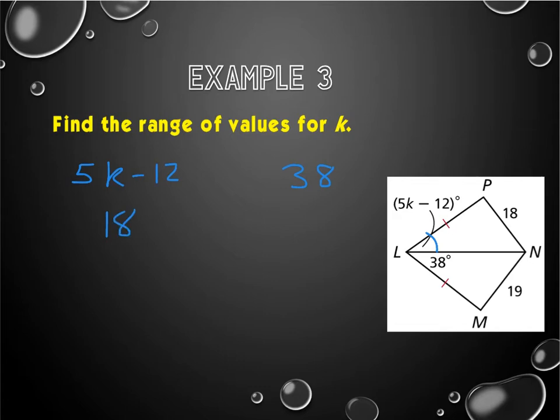What's the side length that's opposite of NLM, this angle? 19. So is 18 greater than, less than, or equal to 19? Less than. So is 5K minus 12 going to be greater than, less than, or equal to 38? Less than.